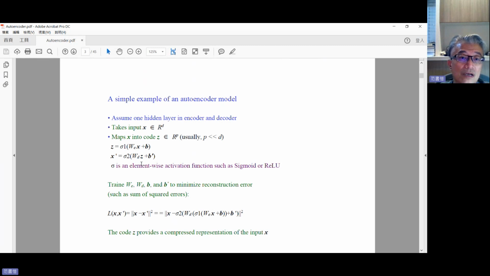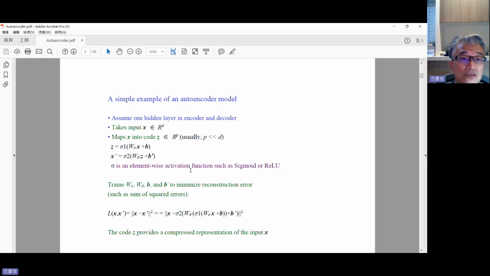So from z and the weight W_D, D is the decoding, plus the bias vector b prime. Sigma is element to element, called the element-wise activation function, such as a sigmoid, or ReLU or GELU.